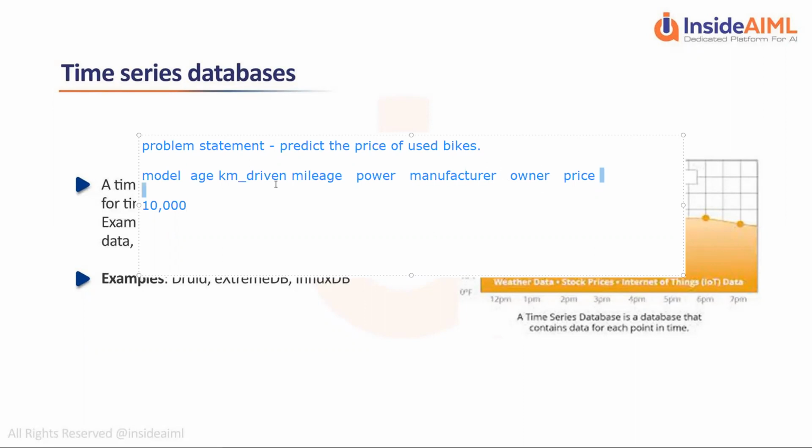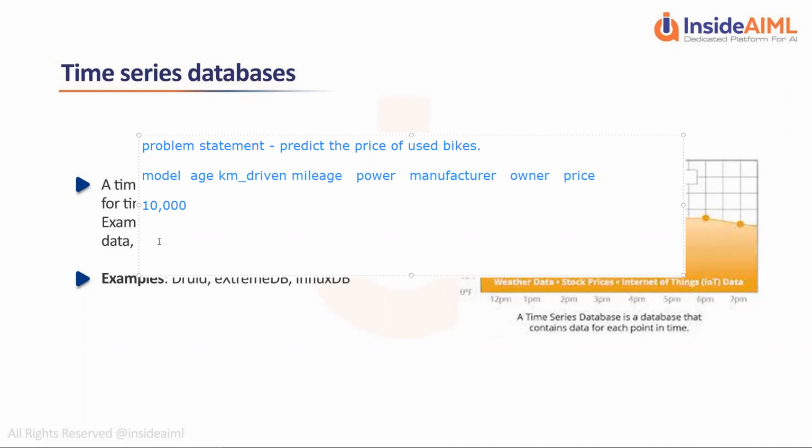Sometimes this data might be present in your databases. Sometimes this data might not be present in your databases, right? So in that case, you will have to come up with a method to collect this data first of all.